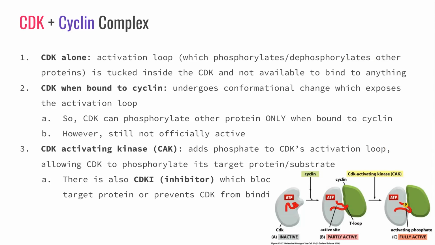But just because that region is exposed doesn't mean it's fully active. At that point, CAK needs to come along to add a phosphate to CDK's activation loop, which allows CDK to phosphorylate its target proteins, or substrates. And then there are also CDKIs, or CDK inhibitors, which block target proteins or prevent CDK from binding in some way.